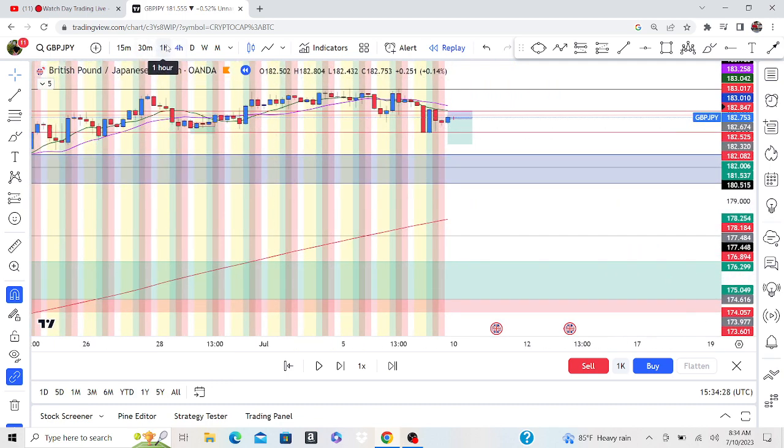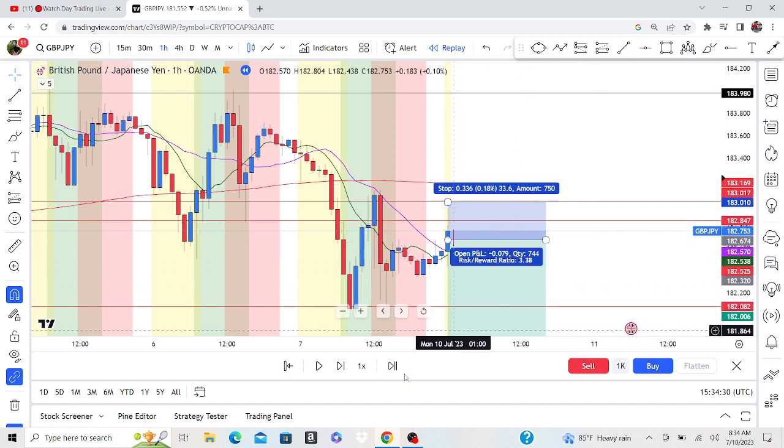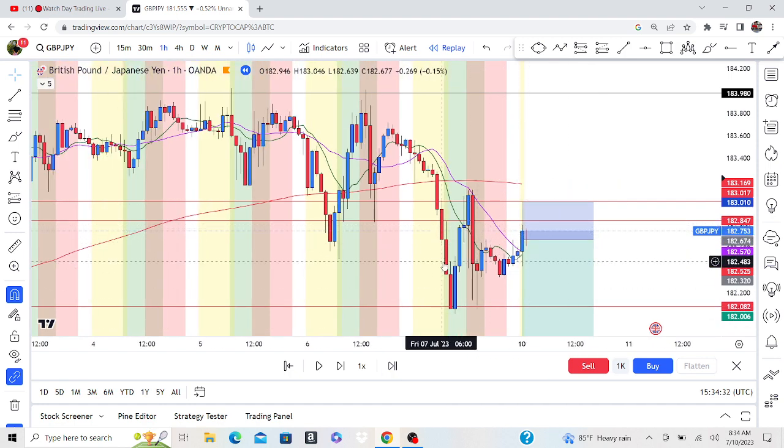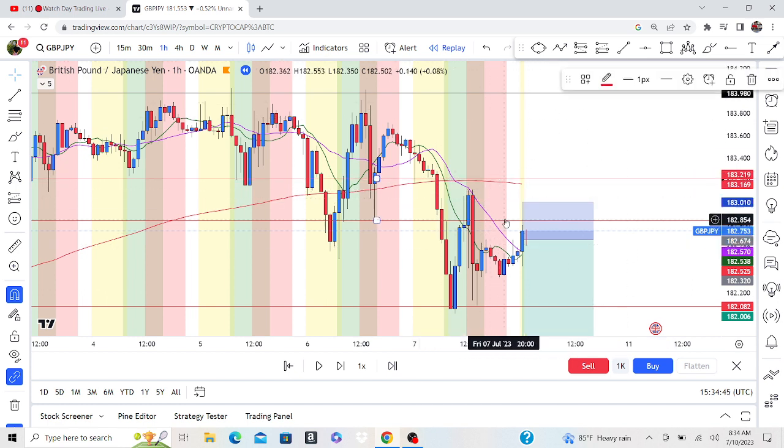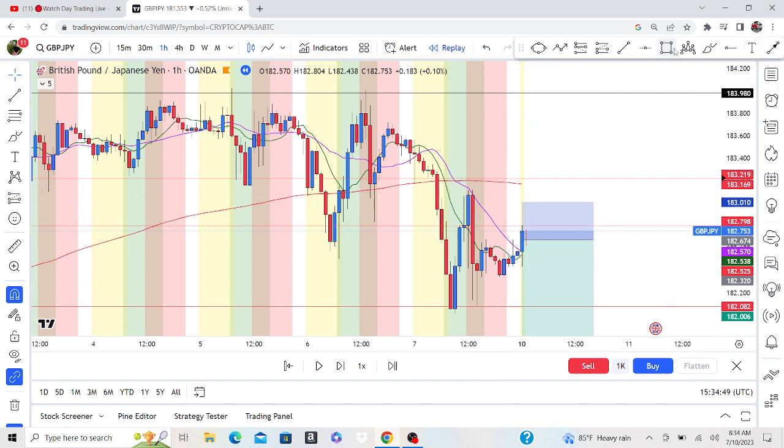Okay, so I get presented with this right here, and I say, okay, we got supply here that hasn't been used and some supply here that hasn't been used. So I'm working with two supplies. Supply 1, let's just bring this up right here, and supply 2. Let me make this way better instead.